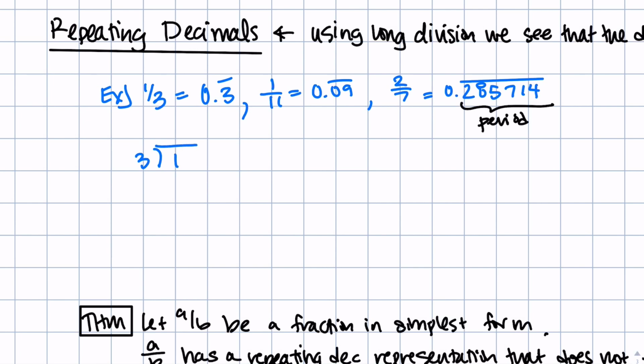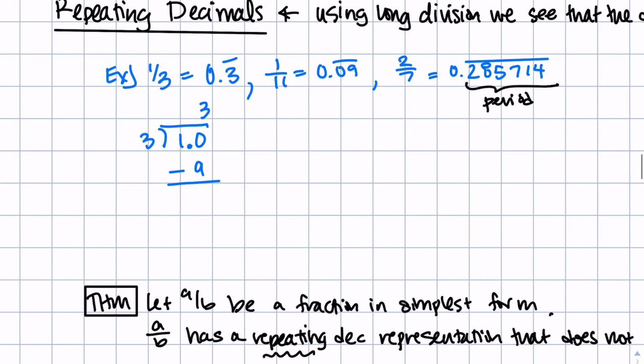If I divide 1 by 3, in order to turn this into a decimal, I'm going to rewrite this as 1.0 and divide by 3. My algorithm tells me to ignore the decimal at first and line everything up appropriately. So 3 goes into 10 3 times, and I'm left with 9. When I subtract 9 from 10, I'm left with 1.